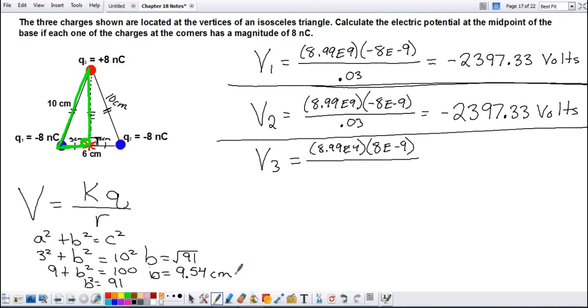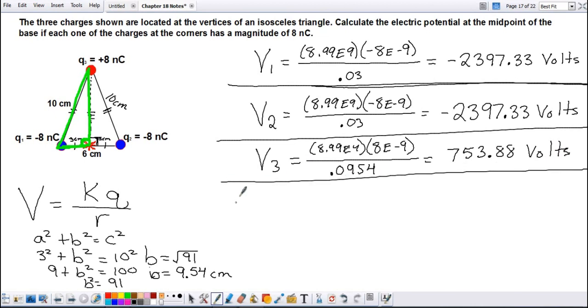Now again, when we put it in the equation, we need it to be in meters, so we need to convert that, so it's going to be 0.0954. Type that into our calculator, and we get that it is 753.88 volts. And now we want to know the total here, so we're going to add these up.